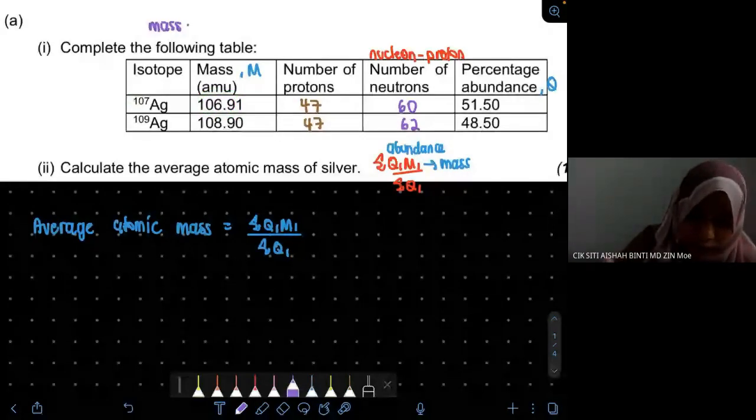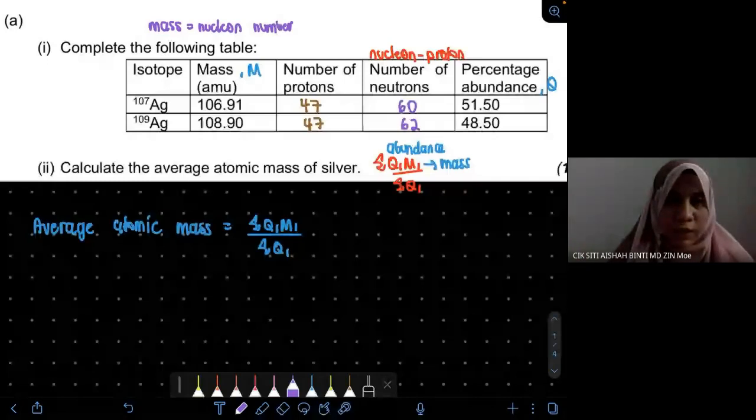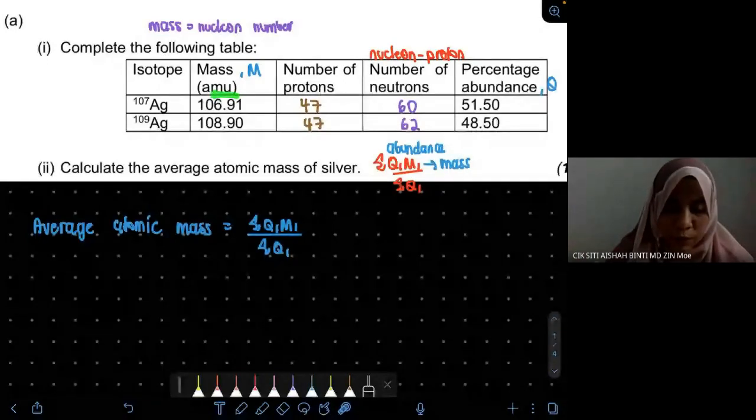As you can see, the value is not that different: 106.9 and 107. Up to you which one you use.